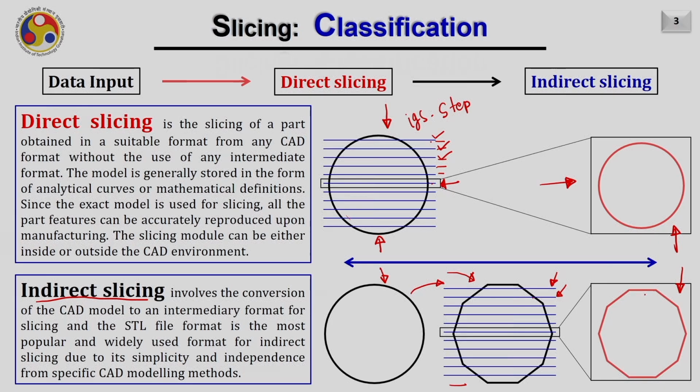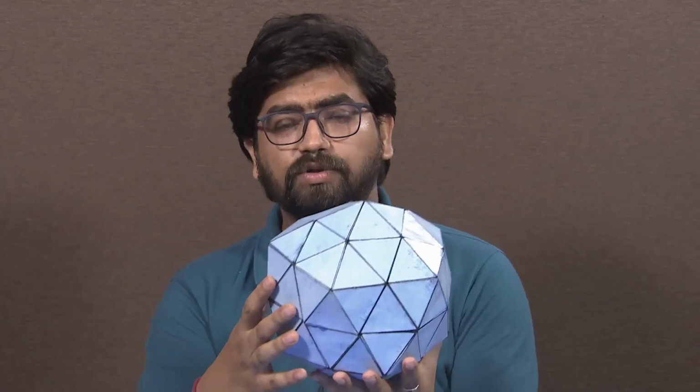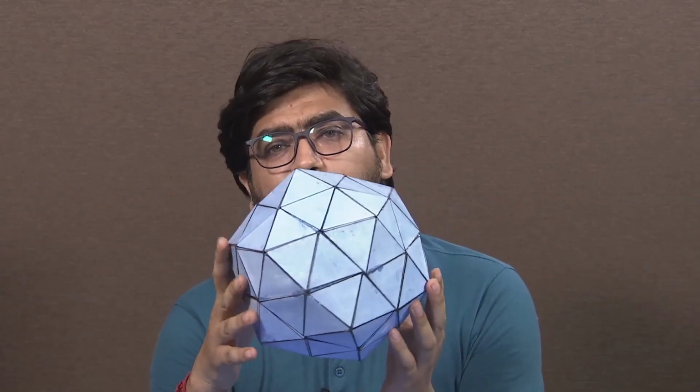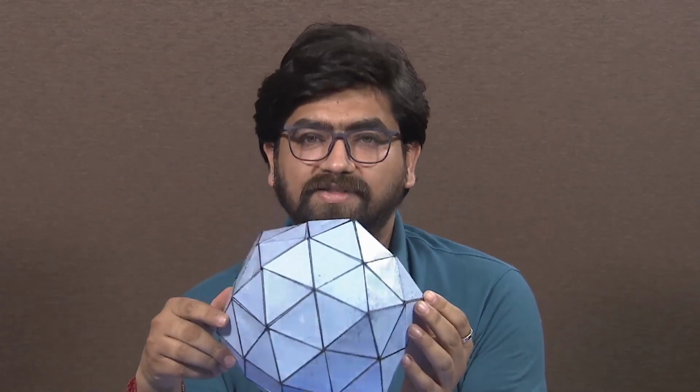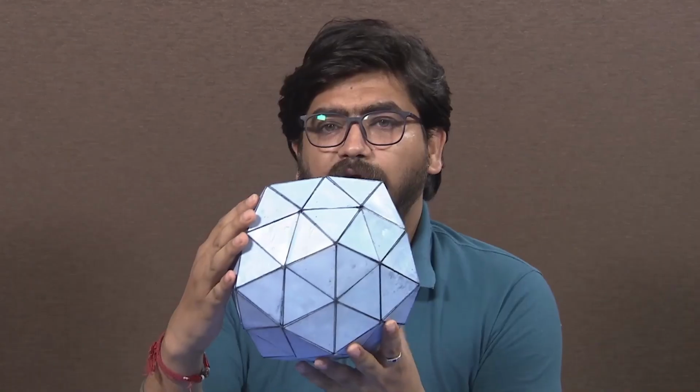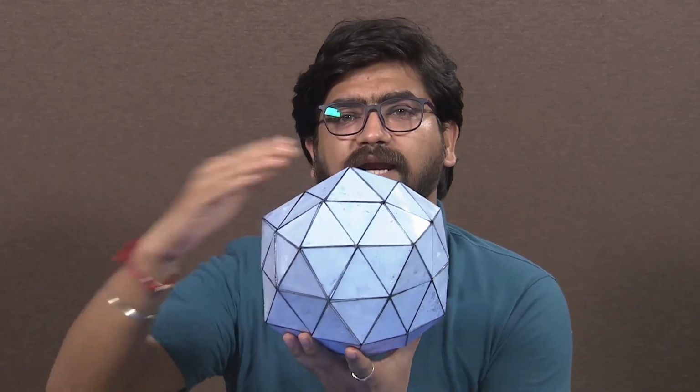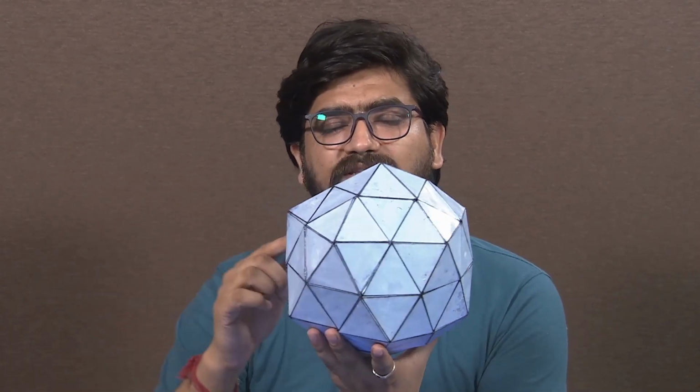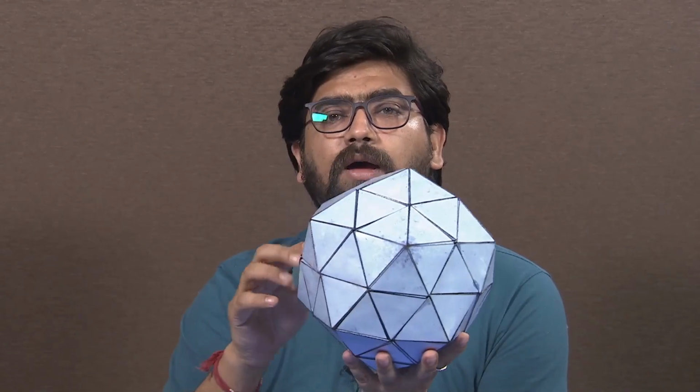Here again it may be some polygon, basically a collection of lines. You can observe it through this example as well. It is a representation of a sphere by the STL file, and if you take the intersection at any particular level, you will get nothing but a polygon.